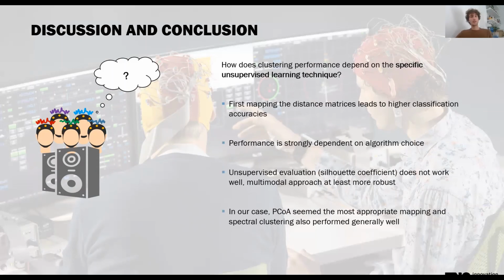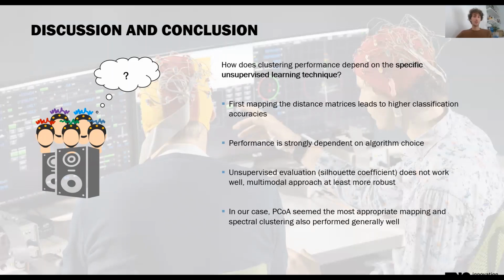When investigating how clustering performance depends on a specific unsupervised learning technique, we can first note that mapping the distance matrices before clustering leads to higher classification accuracies than when clustering directly on the distance matrices. We can also note that performance is strongly dependent on algorithm choice, especially in a unimodal fashion. And unfortunately, our unsupervised evaluation, the silhouette coefficient, did not work well, as it did not correlate well with ground truth performance.